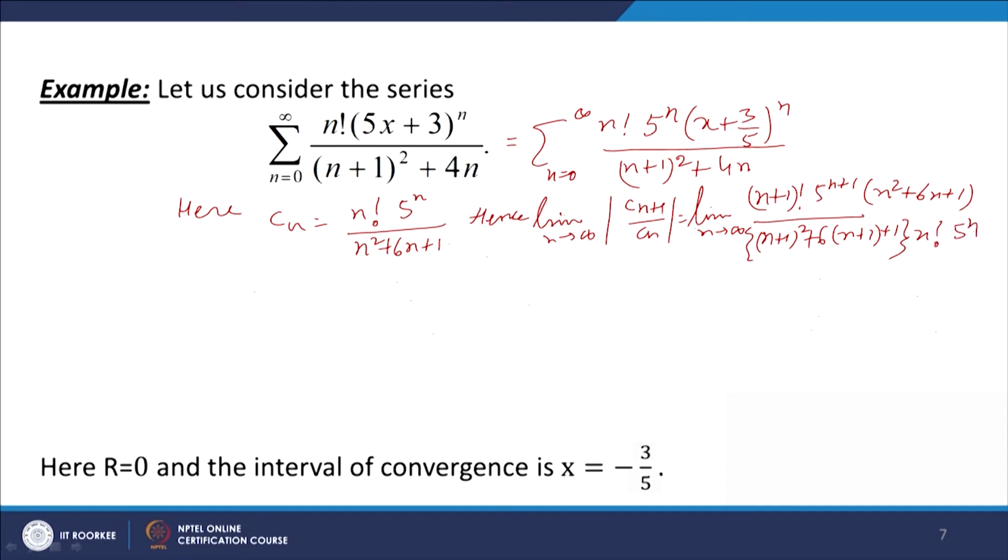Okay. So, this is how much? Now, let us see, (n+1) factorial over n factorial is n plus 1, 5^(n+1) over 5^n is 5, and we have then (n^2 plus 6n plus 1) divided by ((n+1)^2 plus 6(n+1) plus 1), which means n^2 plus 2n plus 1 plus 6n plus 6 plus 1. So, we have n^2 plus 8n and then 1 plus 6 plus 1.